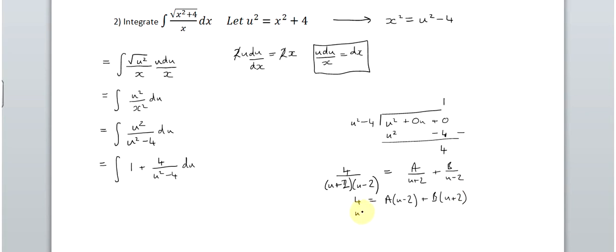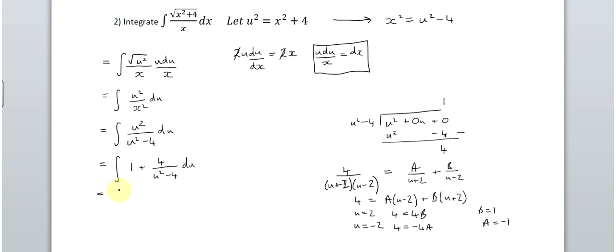And if u equals 2, then that disappears, leaving us with 4 equals 4B, so B equals 1. And then if we put minus 2, we get 4 equals minus 4A, therefore A equals negative 1.